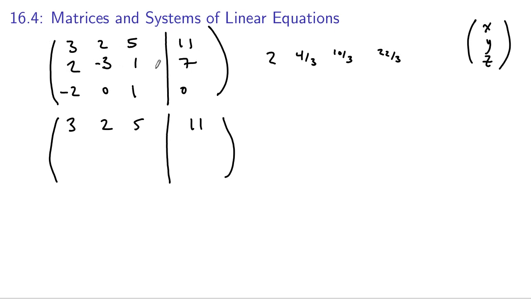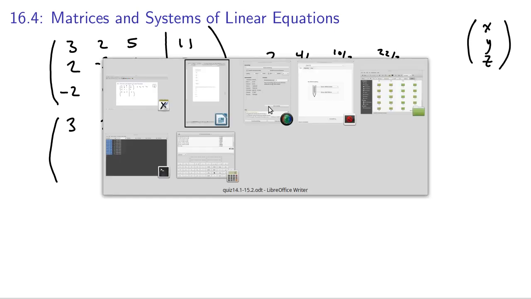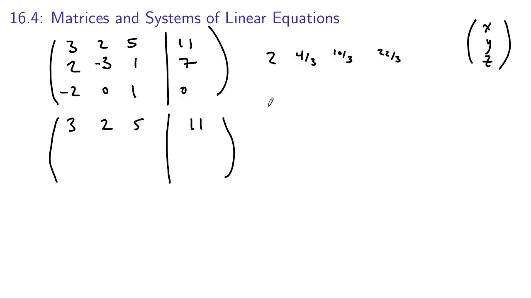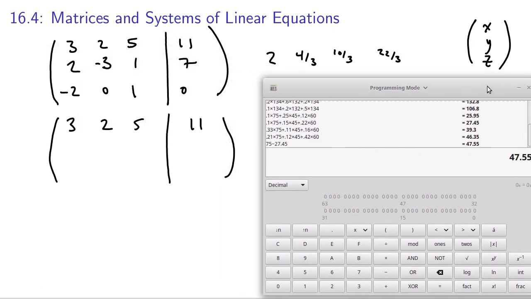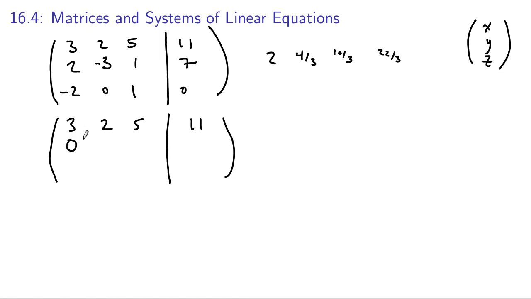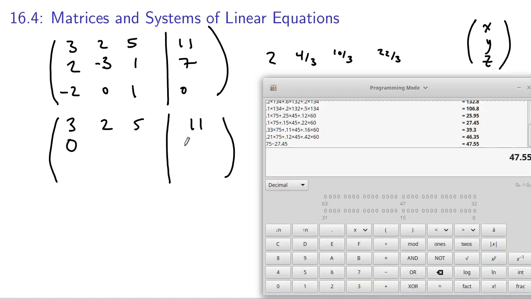Okay, so now I have 2 and 2 by multiplying this row by 2/3. The 3's cancel, we have a 2. So if I subtract this row from these numbers, it's just like subtracting equations, and I can now have a row here that'll have a 0 in the front. So getting a calculator to help me. We would have 3 minus 3, of course, is 0, or 2 minus 2 is 0. That's what we're trying to do. And then we have 2 minus 4 over 3, which the calculator is not much help with fraction math.